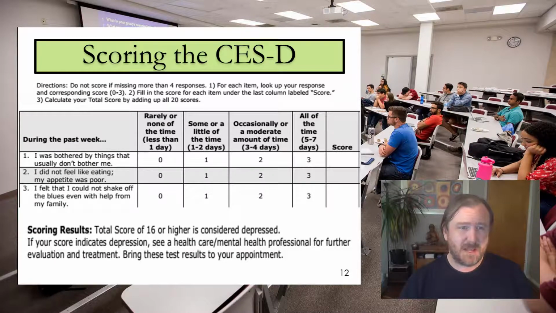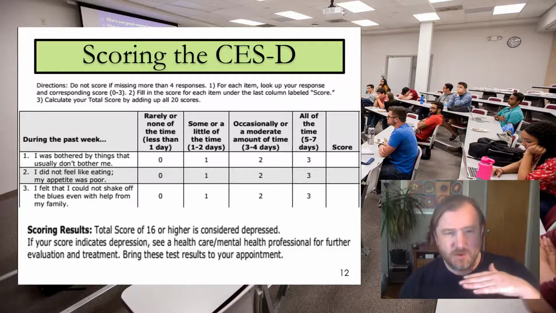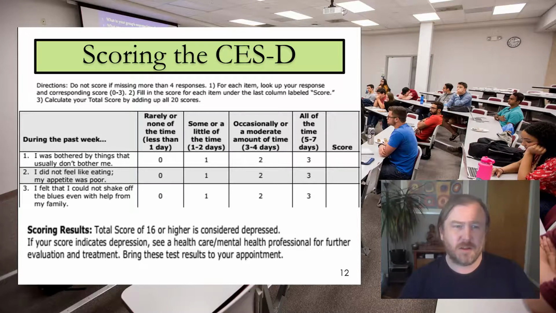So people indicate on their response to how frequently they have these symptoms, and then we add them all up and get a total, and then we can basically see if you're this point or higher, you're considered depressed. If you're not that high, you're not considered depressed.